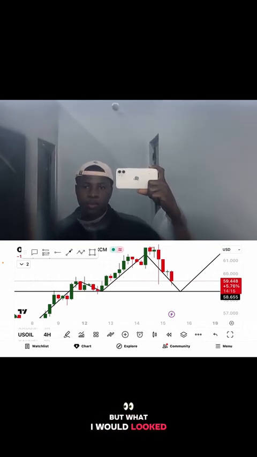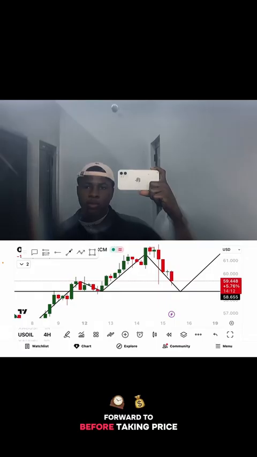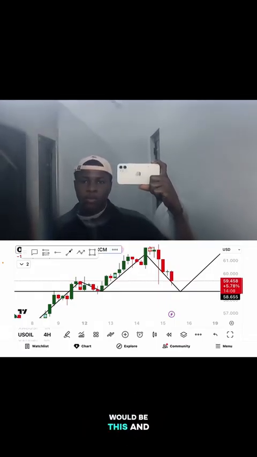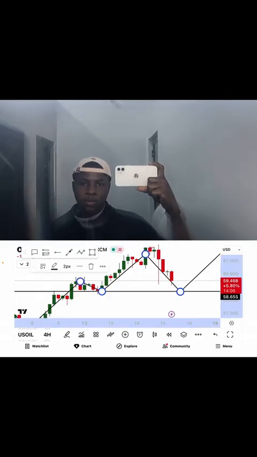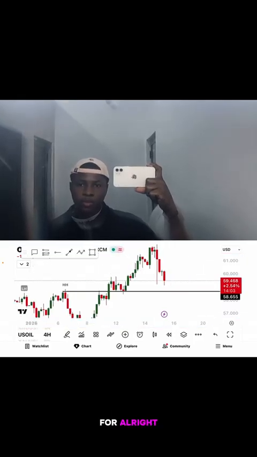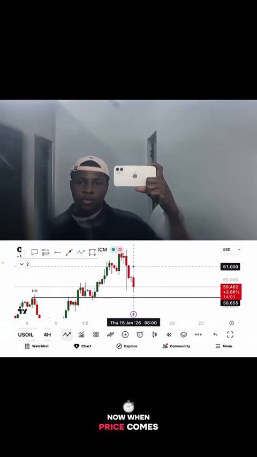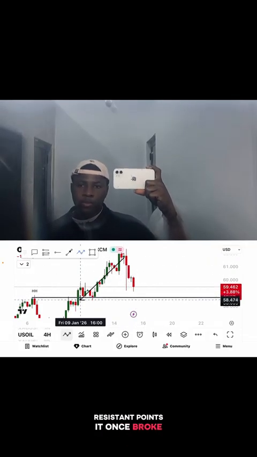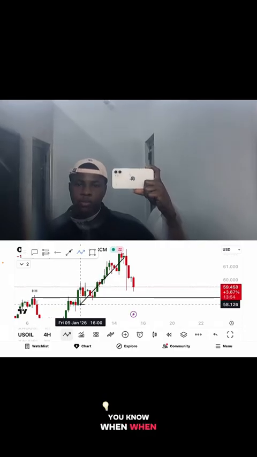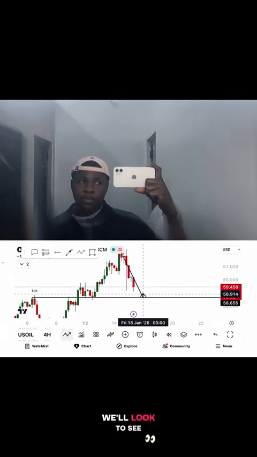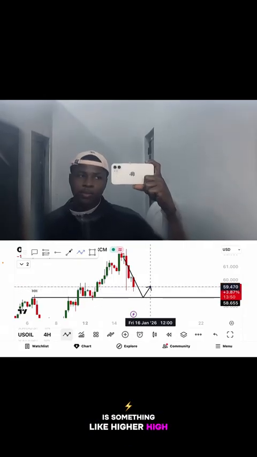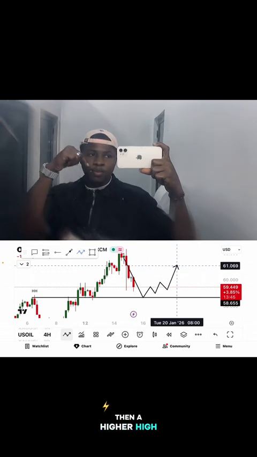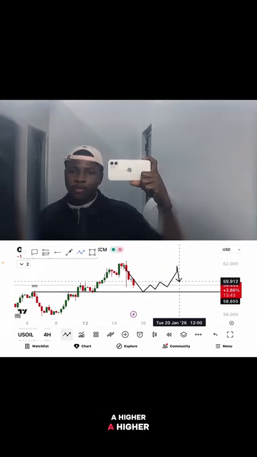But what I would look forward to before taking the trade, and this is something I'd like you guys to look out for, is this: when price comes back down to this resistance point it once broke out from, we hope to see something like a higher high, a higher low, a higher high, a higher low, and then a higher high, a higher low.